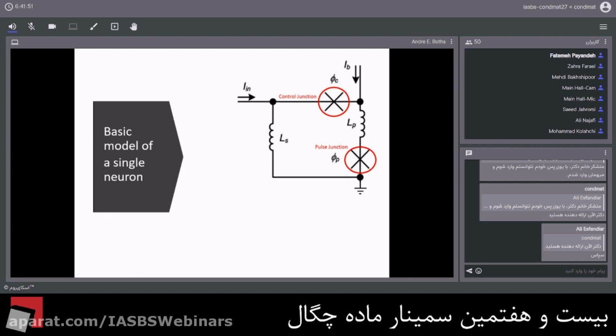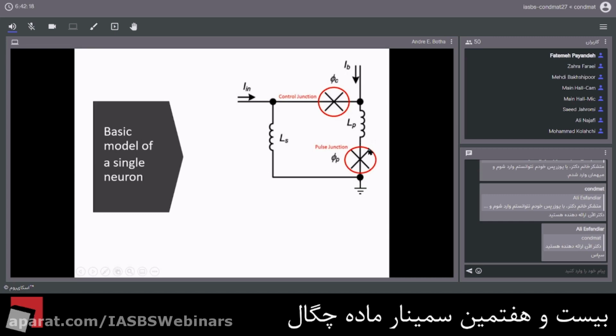And then, the bias current is fixed, but if an input signal is received, the type of signal that would be received from, say, a synapse, then it can increase the current through the pulse junction and cause it to start developing a voltage.